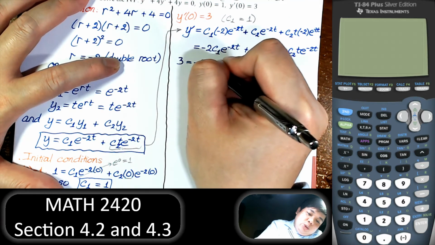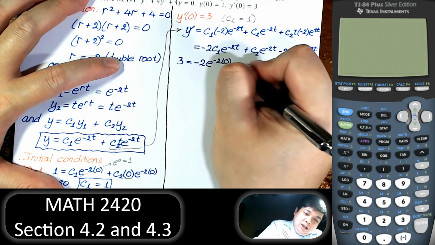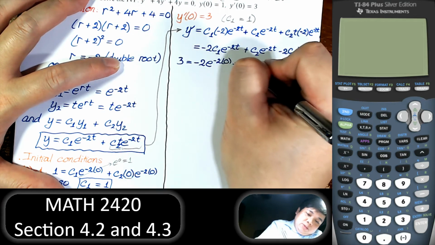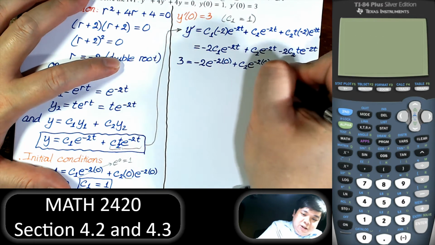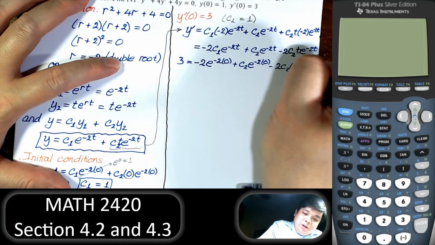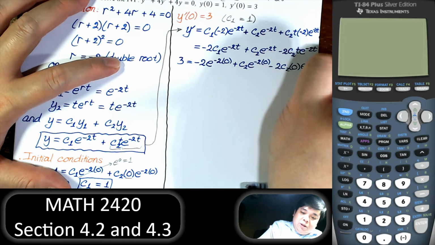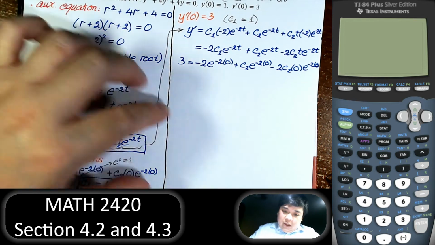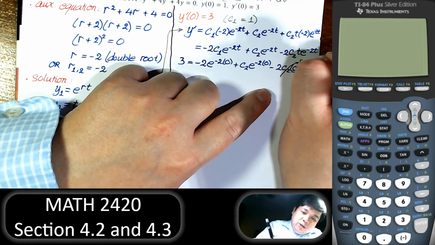So negative 2 e to the negative 2 times 0 plus C2 e to negative 2 times 0 minus 2 C2 times 0 for t e to negative 2 times 0. Now because of the 0 here, that goes to 0.